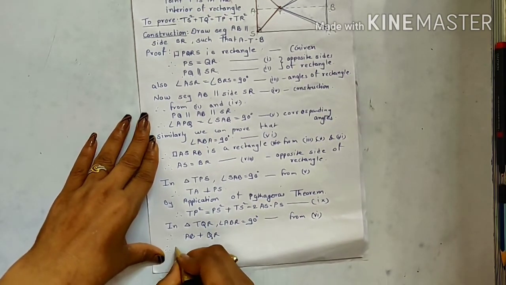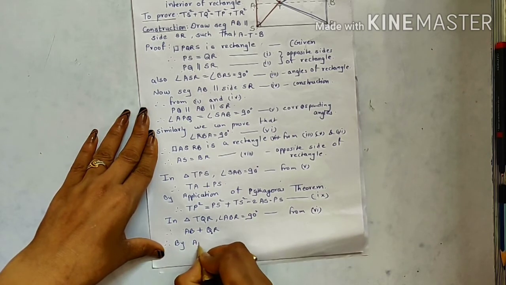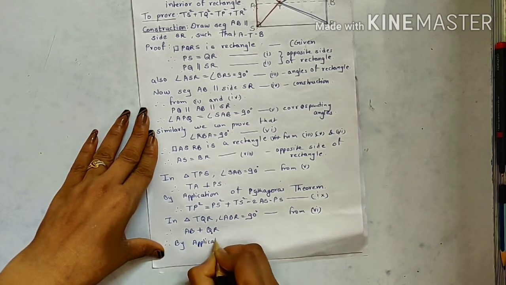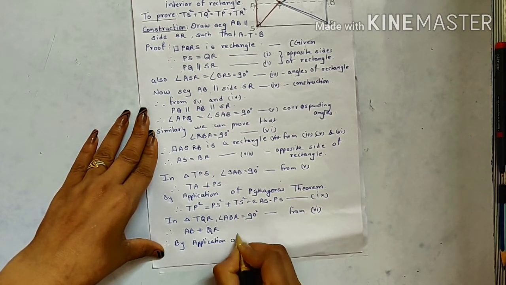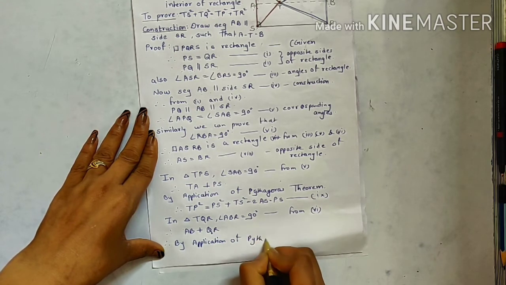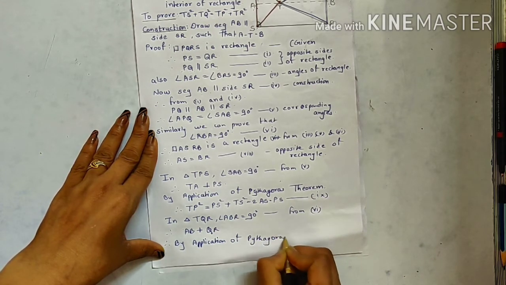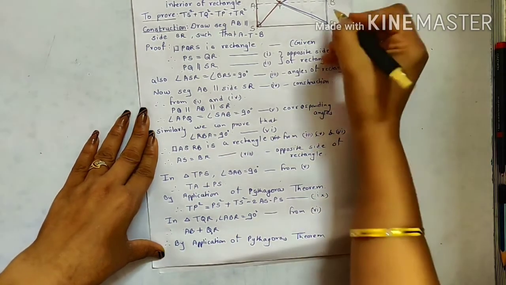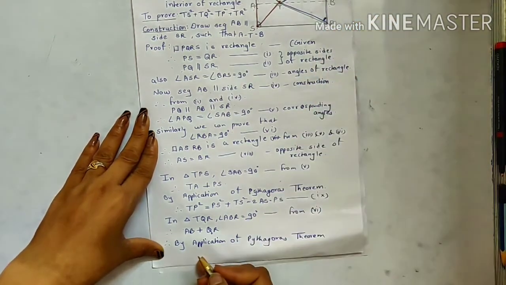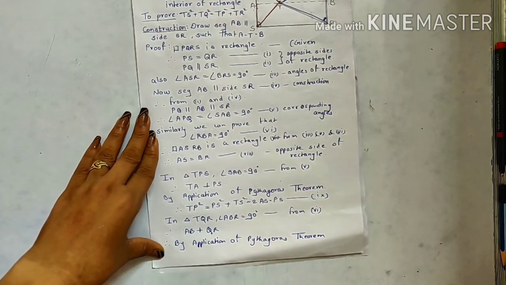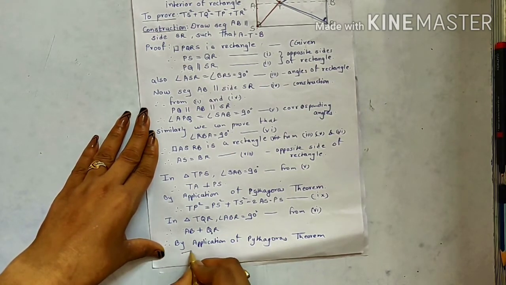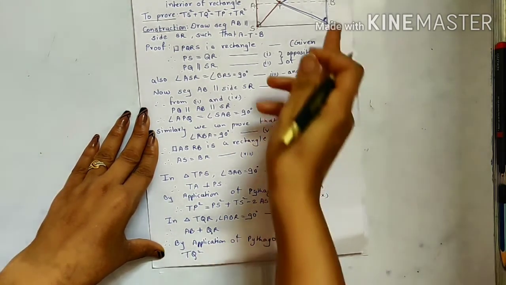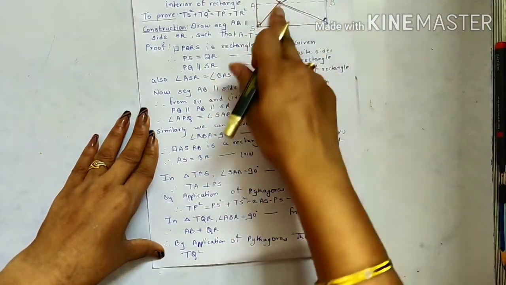Therefore, by application of Pythagoras theorem, here we will consider angle R as an acute angle. The side which is opposite to that acute angle is side TQ.